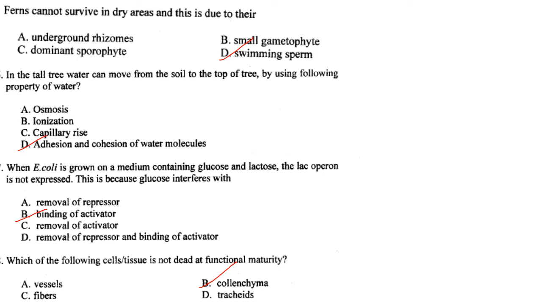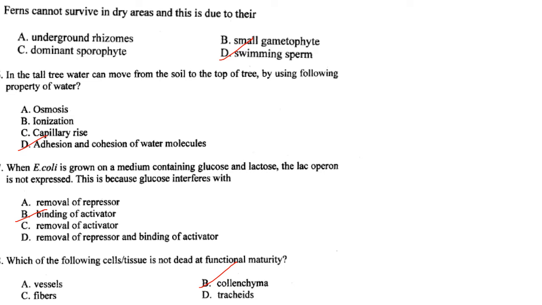To get water up to all branches and leaves, the forces of adhesion and cohesion go to work in the plant's xylem to move water to the furthest leaf. So the answer is option D, that is adhesion and cohesion of water molecules.